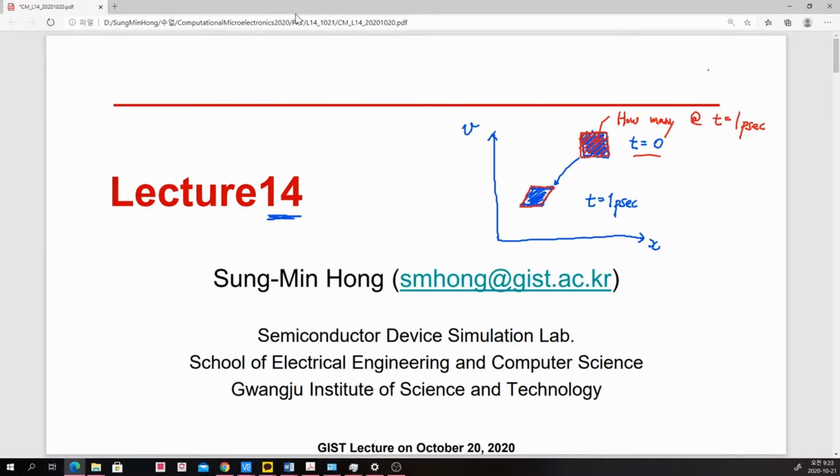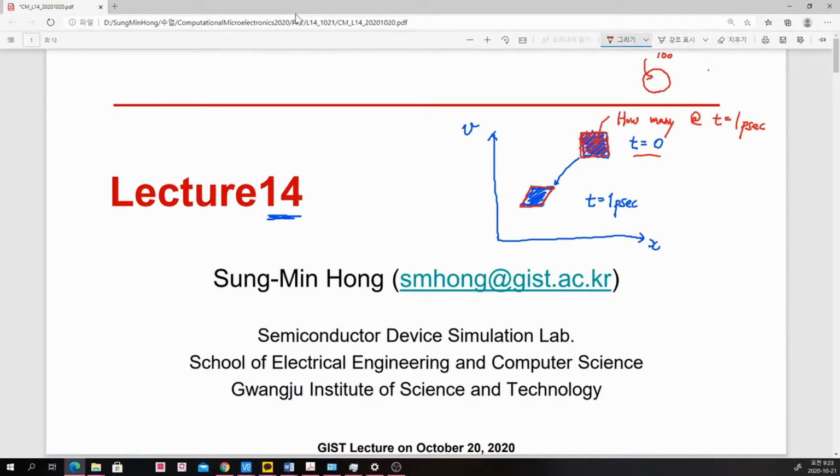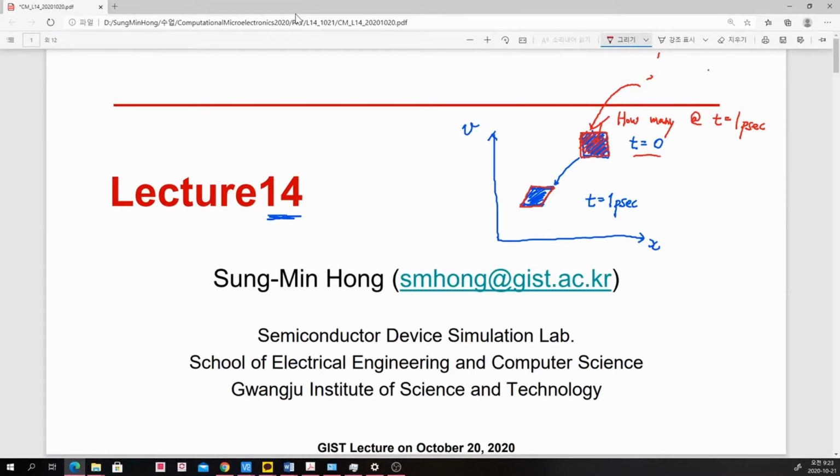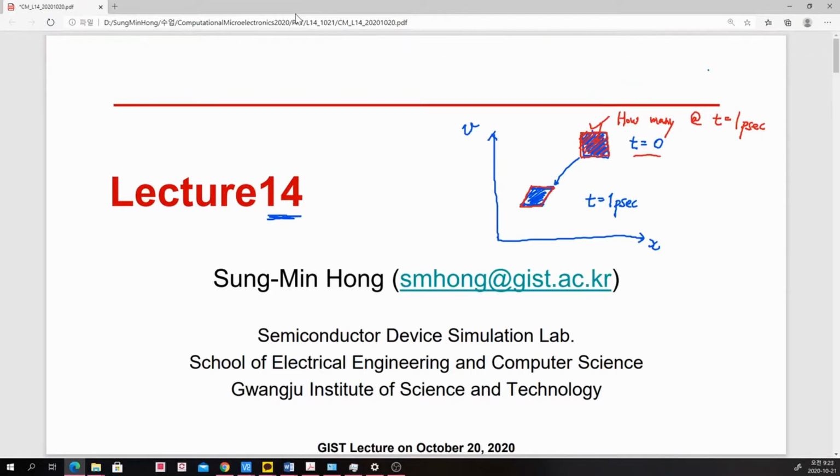So maybe somewhere here there were, for example, 100 electrons, then after 1 picosecond has elapsed they will move to this box and we will have, for example, 100 electrons. I mean that this is just the motion of our distribution function inside the phase space.